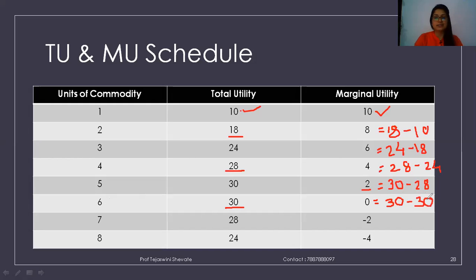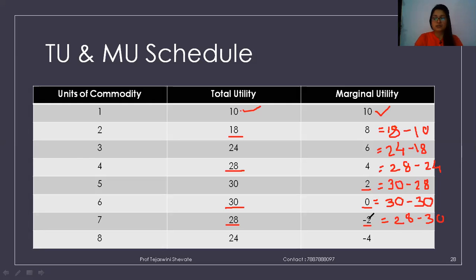Hence the marginal utility is zero. If I still consume the seventh mango, now the utility starts falling, and the marginal utility turns negative. How do I calculate it? 28 minus 30, so the marginal utility goes to negative 2.